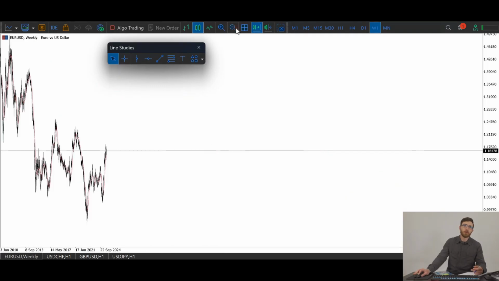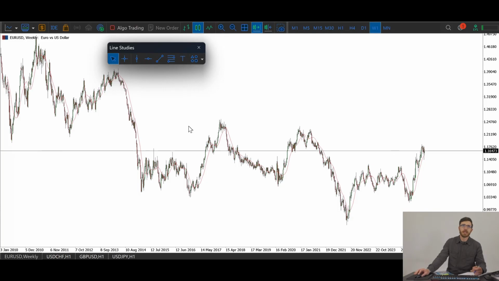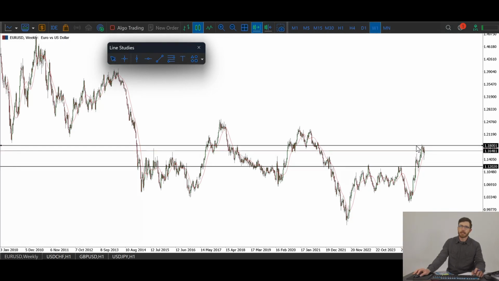So I'll zoom out all the way over here, and then what I'll basically make use of is the horizontal lines, and I will start setting up going from the previous high. What I'm going to do over here is, once you've got a line, you just press control and click and drag. So there is our previous high currently.